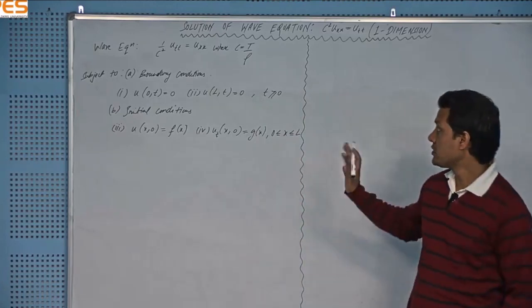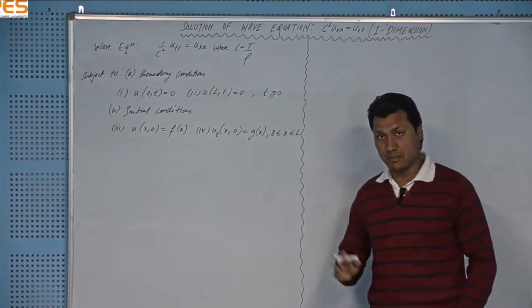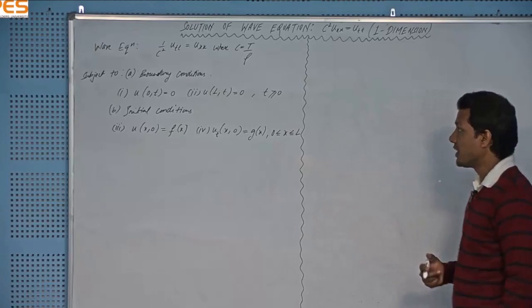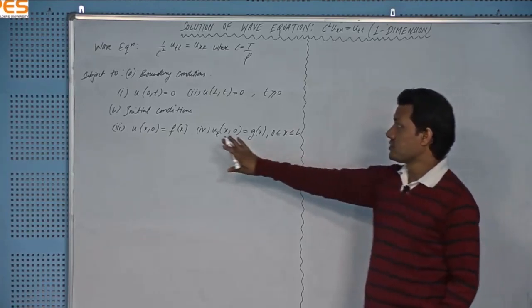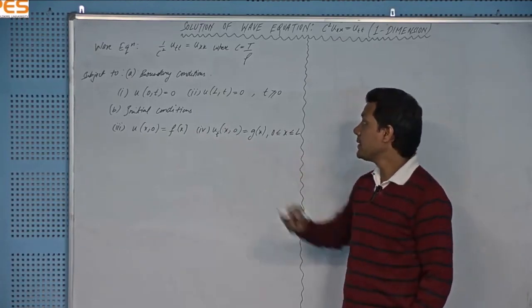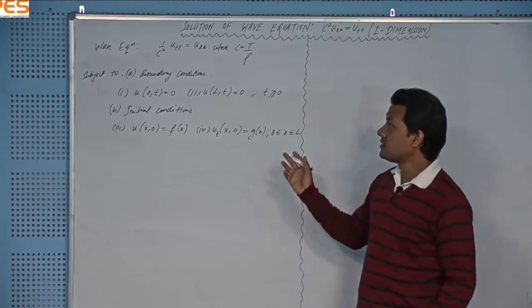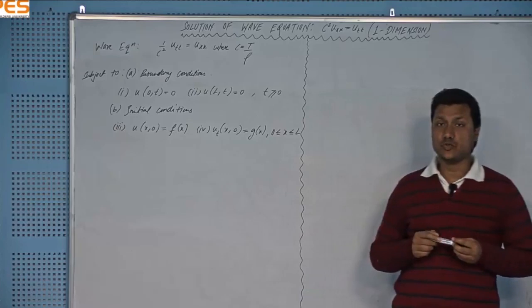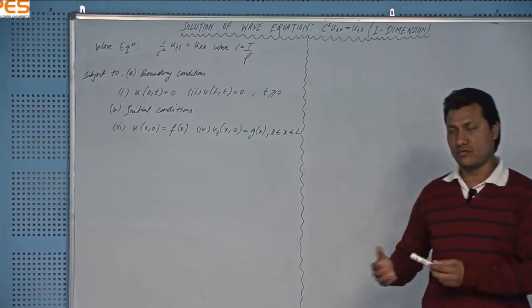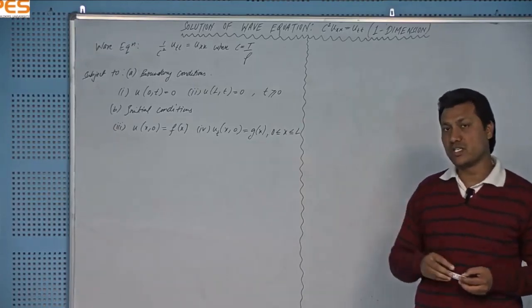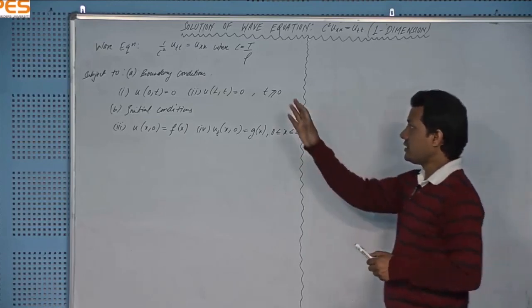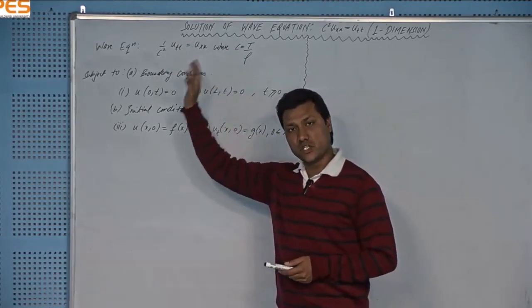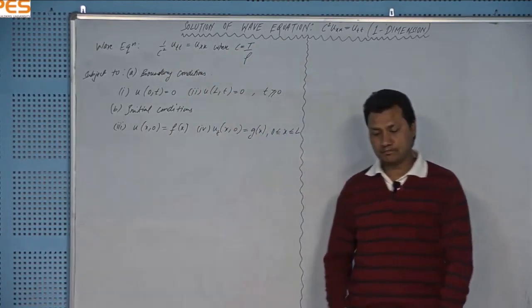In this video, I will discuss the solution in much more detail compared to our last one with these conditions. If you remember, we started with the solution of the form u as a function of x and t, u = X(x) T(t). Then I substituted that u here and got two ordinary differential equations by the method of separation of variables.